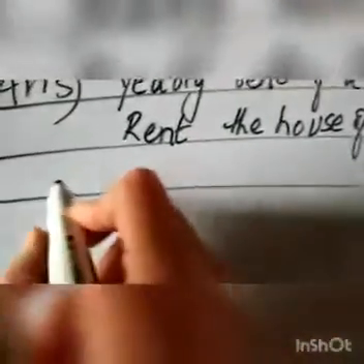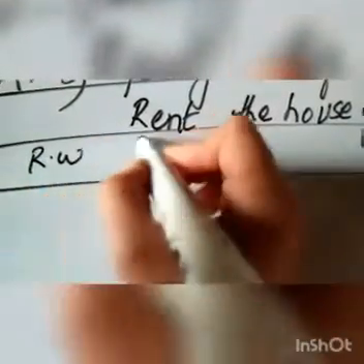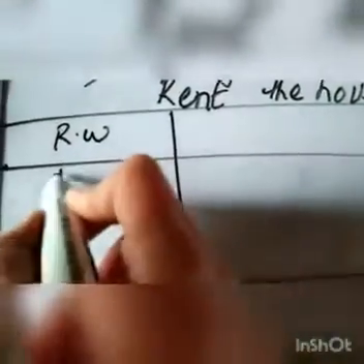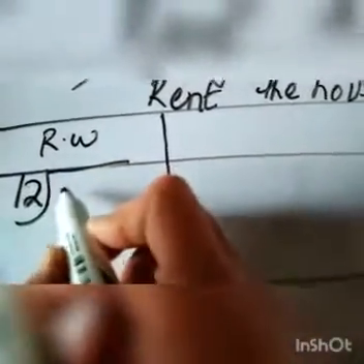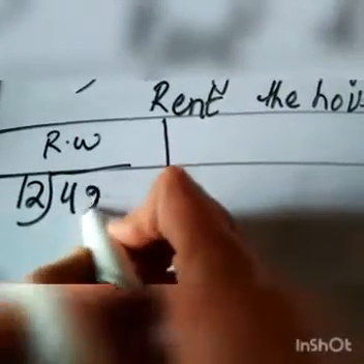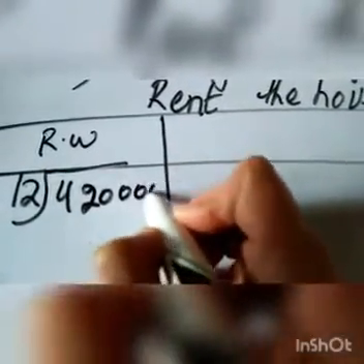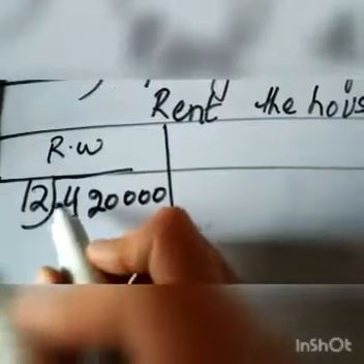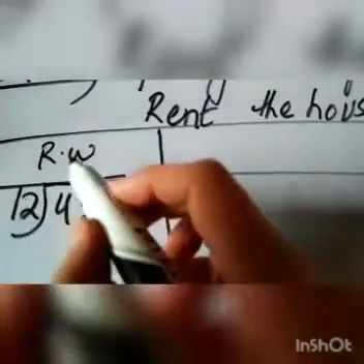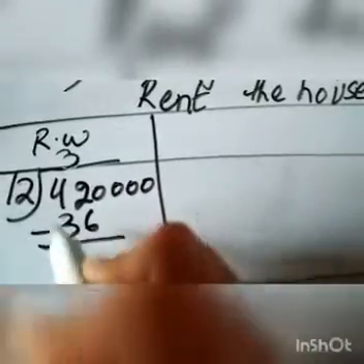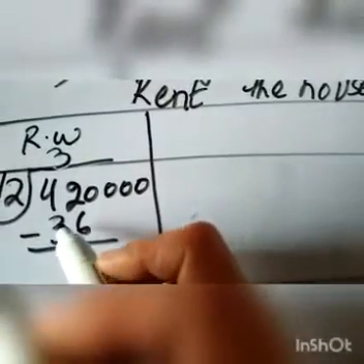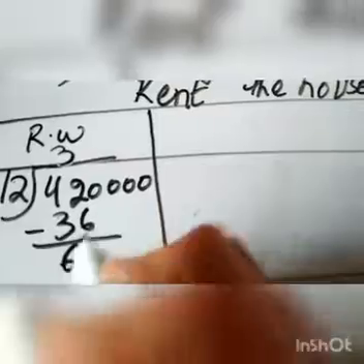You can see the division in our rough work. 12 is our divisor and 4 lakh and 20,000 is our dividend. Okay. 12 3 times is equal to 36. Now subtract 36 from 42, that is equal to 6. Okay.